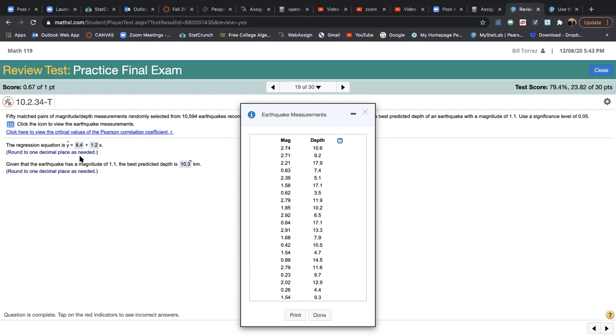So let's calculate 8.4 plus 1.2 times the 1.1, and that gives us a value of 9.72.